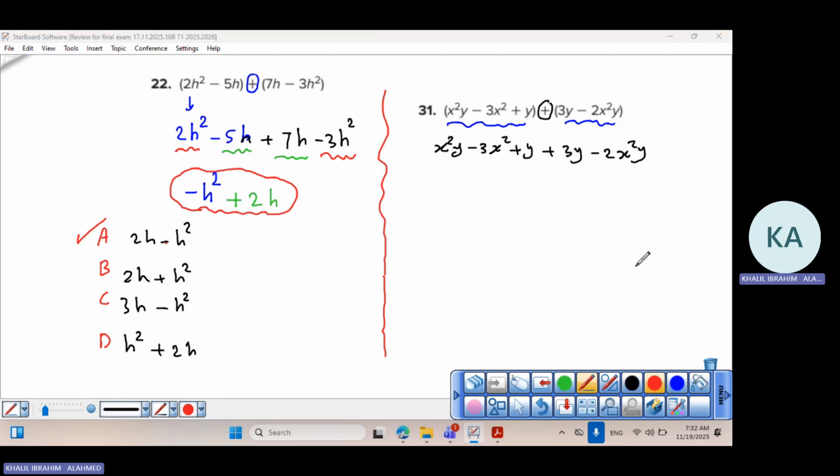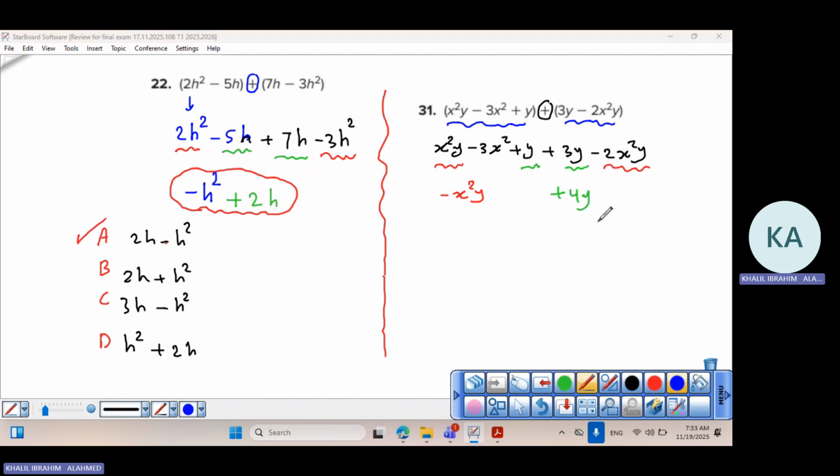Here, look for the similar terms. This is x squared y, and this is minus 2x squared y. The answer is negative x squared y. Excellent. Here, as you see, we also have two similar terms: y plus 3y equals plus 4y.